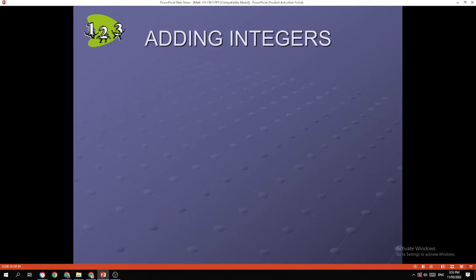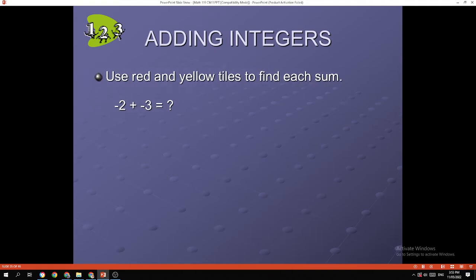Here is another one. So let's use red and yellow tiles to find each sum. So negative 2 plus negative 3. So how do I represent this? Anyone? Negative 2, unsay gamiton, yellow or red?